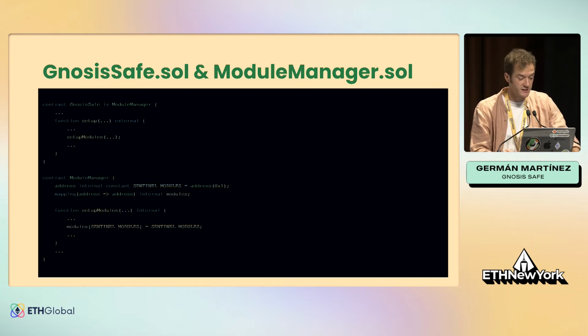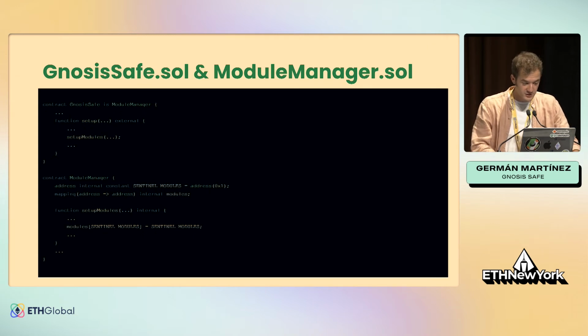Below the module manager, we have 2 variables. One is a mapping called modules, where the keys and values are addresses. And we use a sentinel module, which is the address 0x1, that we use at the beginning and at the end of this mapping to navigate it.